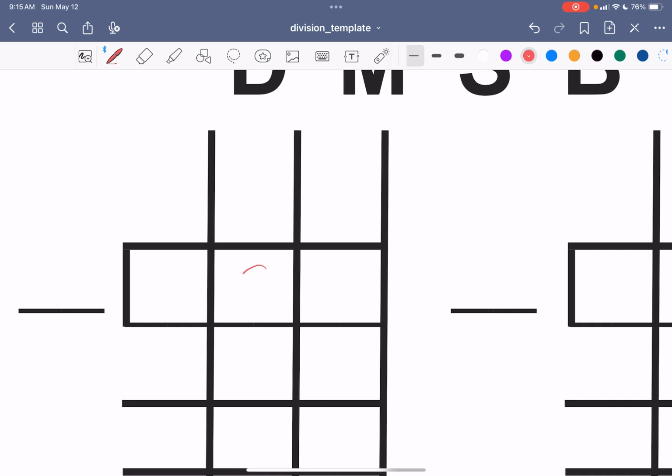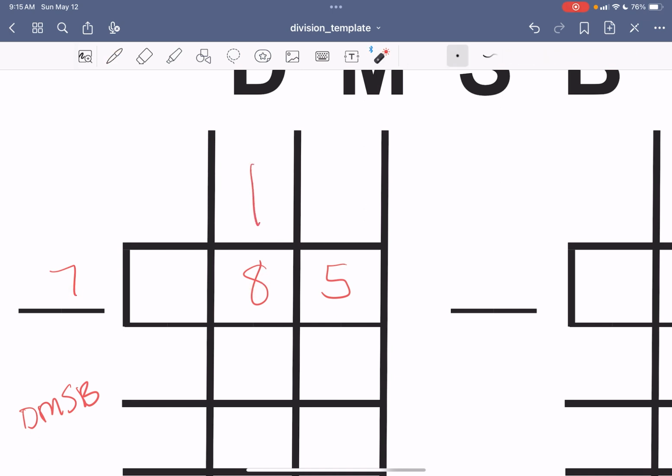Let's do 85 divided by 7. We have to divide every number. So 8 divided by 7 is 1. So I just divided. It can't be 2 because 7 times 2 is 14, and our number here is 8.